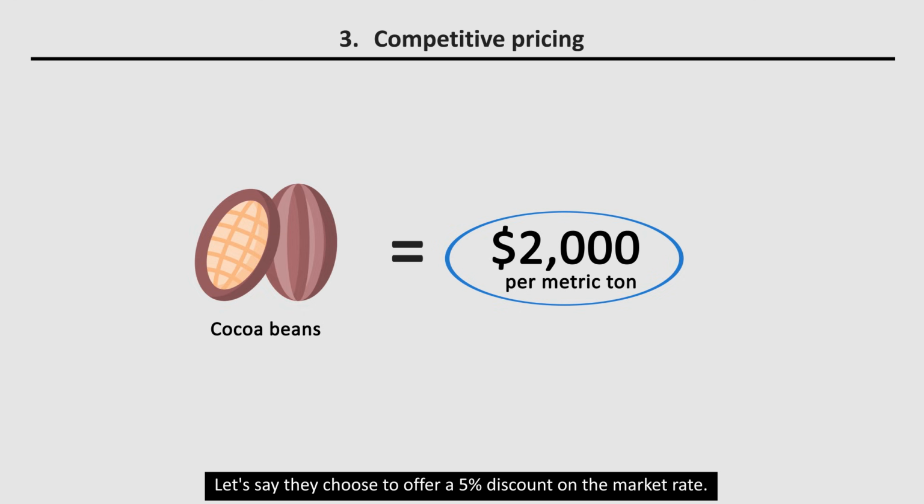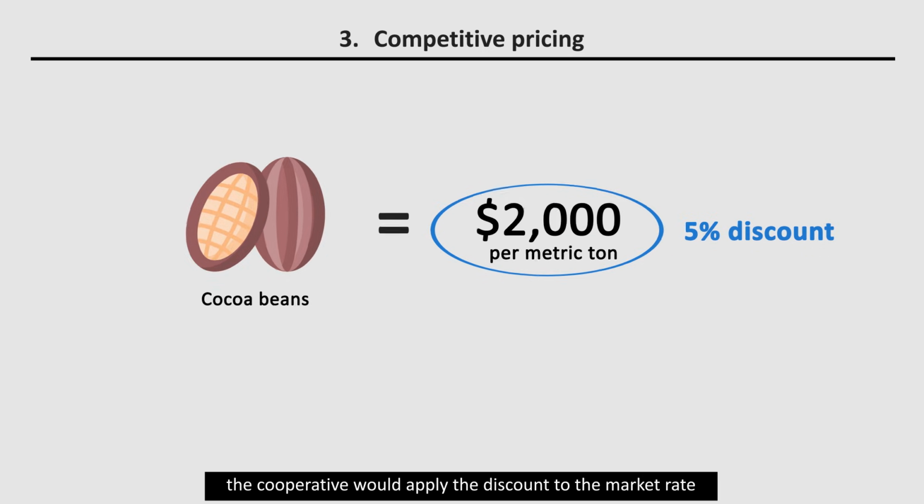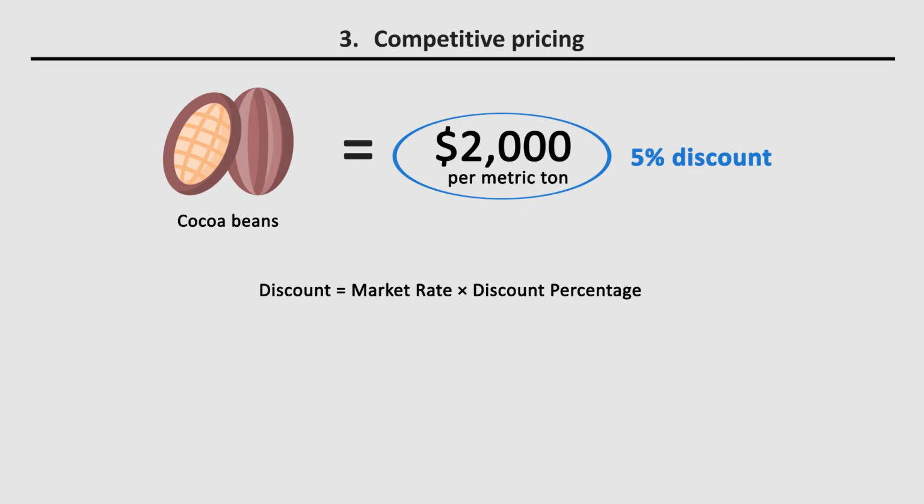Let's say they choose to offer a 5% discount on the market rate. To determine the selling price using competitive pricing, the cooperative would apply the discount to the market rate. Discount equals market rate multiplied by discount percentage. Therefore, discount equals $2,000 multiplied by 0.05, which equals $100.